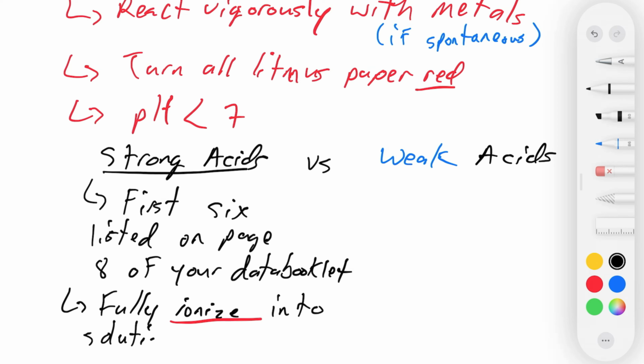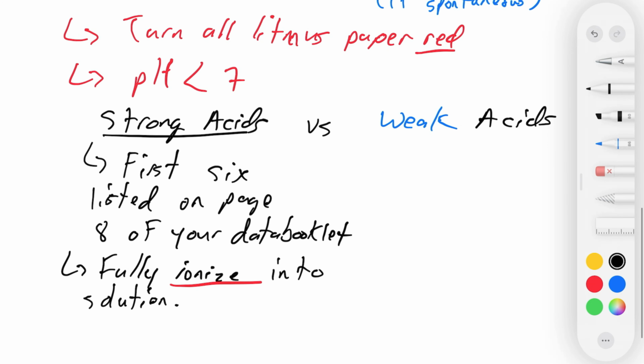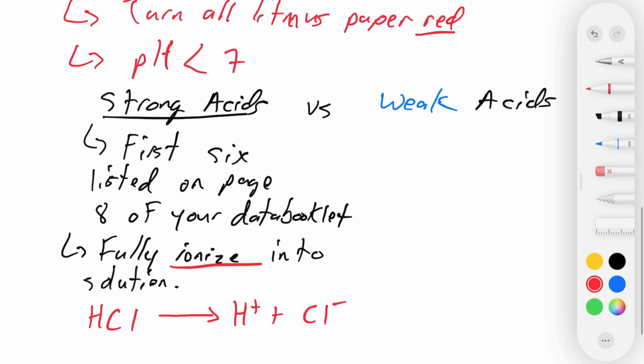Now, in Chem-20 that didn't mean much, but in equilibrium that means a whole lot. If we take a strong acid, for example, like HCl, what we say is that it fully ionizes. Now in Chem-20 we just had you write the double arrows, right? But that didn't mean anything until this year. Full ionization looks like this, where HCl breaks into H plus and Cl minus.